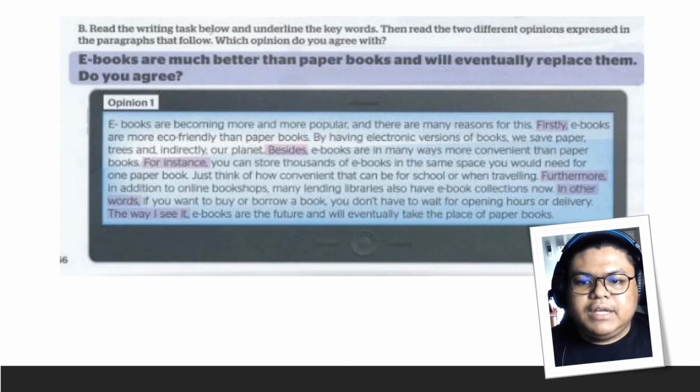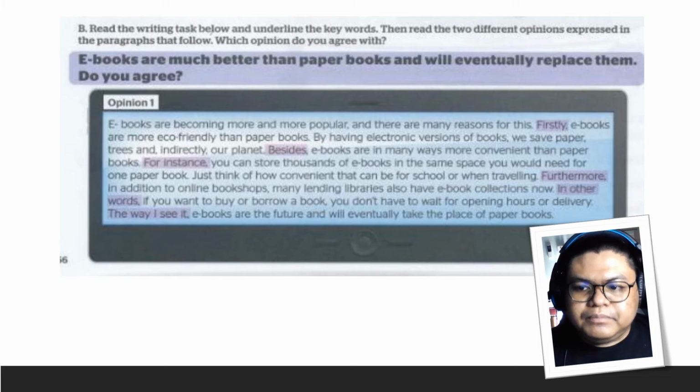Besides, ebooks are in many ways more convenient than paper books. For instance, you can store thousands of ebooks in the same space you would need for one paper book. Just think of how convenient that can be for school or when traveling.